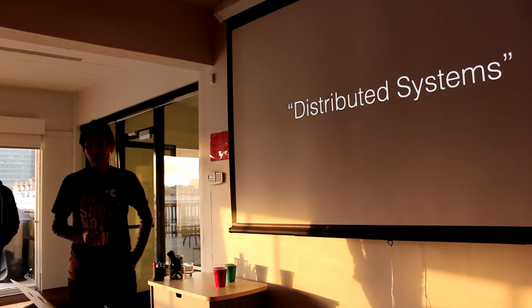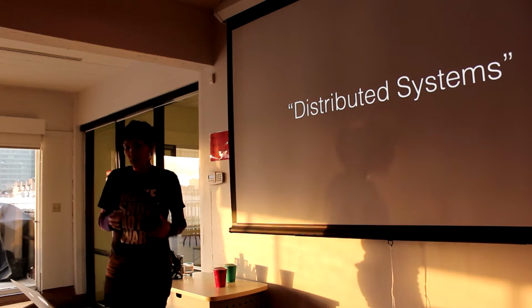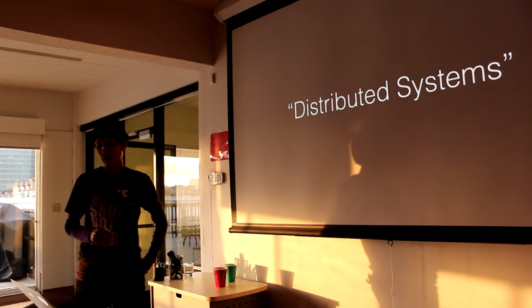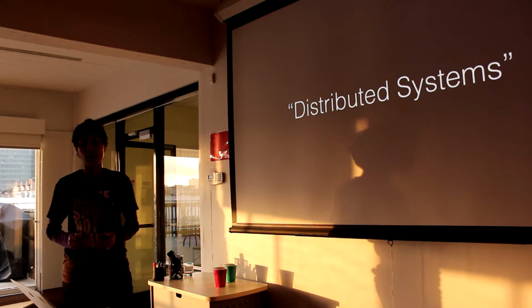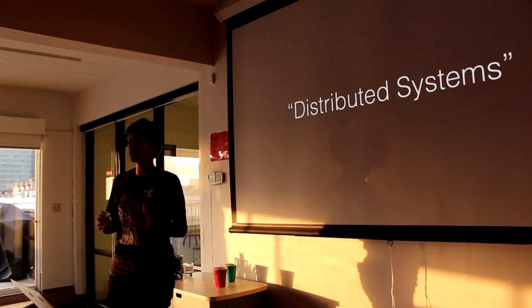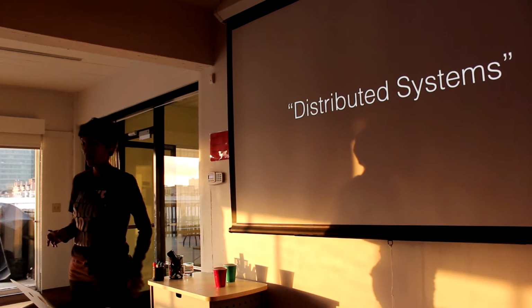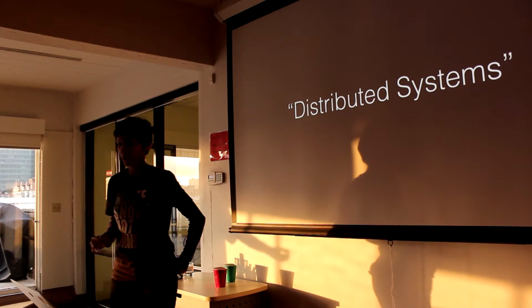According to the book Distributed System Concepts and Design, which was the most qualified definition we could find for distributed systems, a distributed system is a software system in which components located on networked computers interact by passing messages. So let's try that again more slowly.